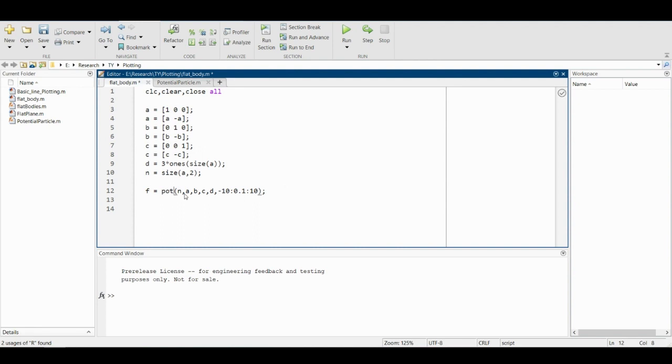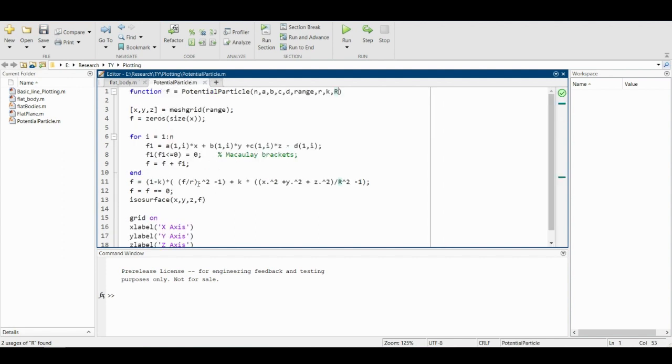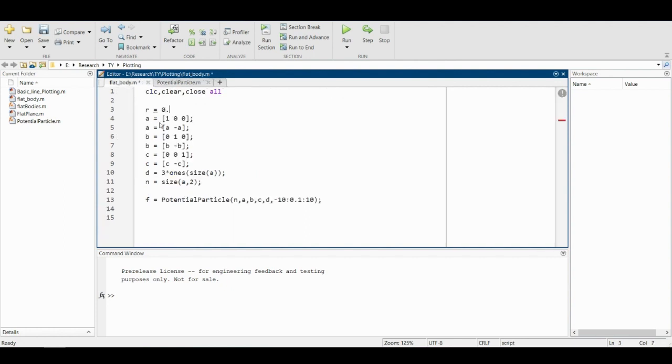Let's name it potential particle. Let's create 3 variables. r is equal to, we cannot keep it 0 because it will be infinite here, so let's keep it at 0.01. Let's keep it as close to 0 as possible so that we can mimic the last video on flat bodies.